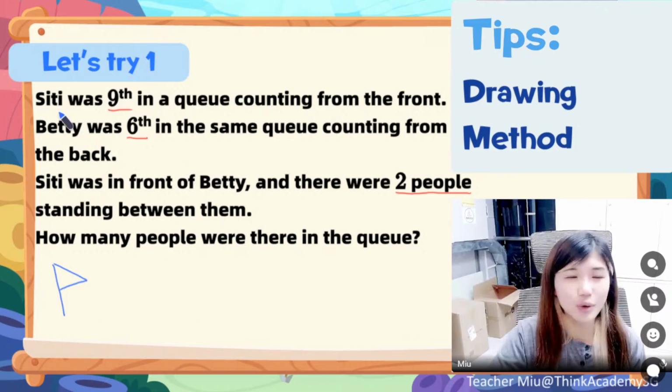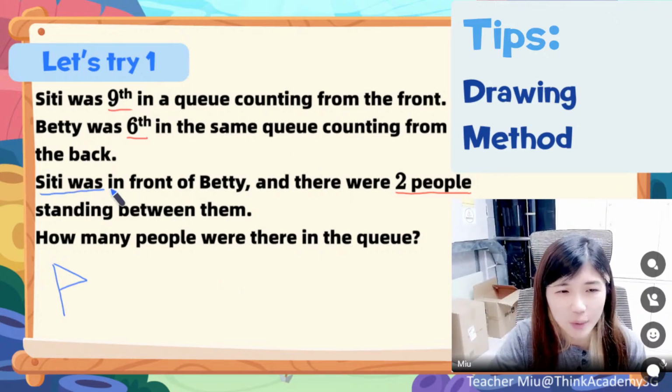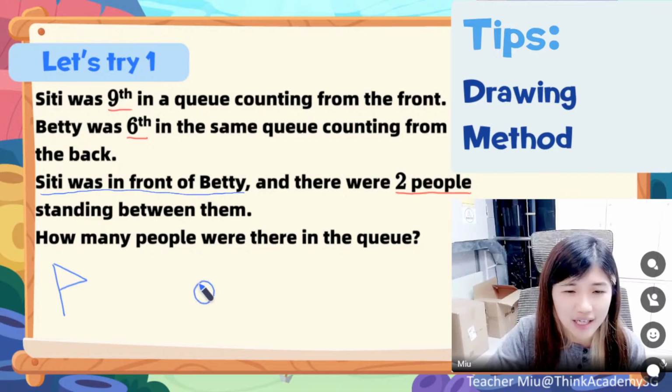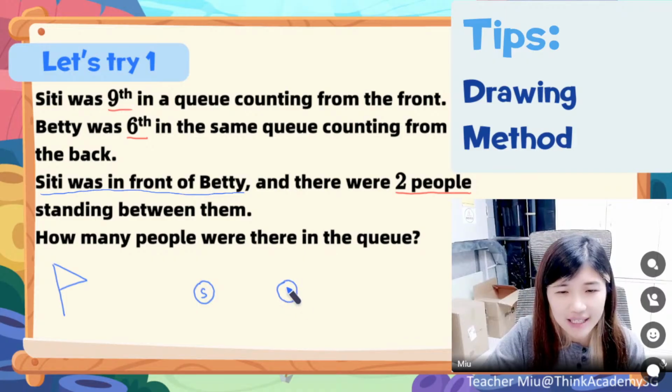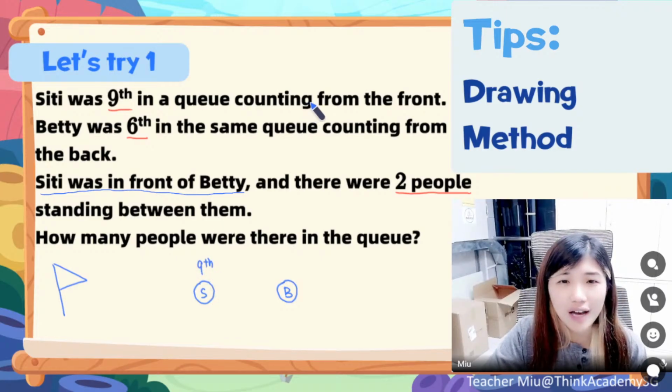In this question, the main character is City and Betty, right? And don't forget, it says City was in front of Betty. So these two main characters, which is City in front of Betty, right? Then it says City was the 9th in a queue, counting from the front.